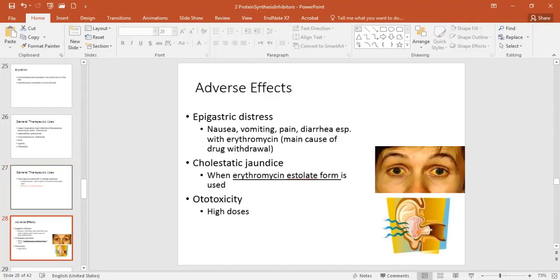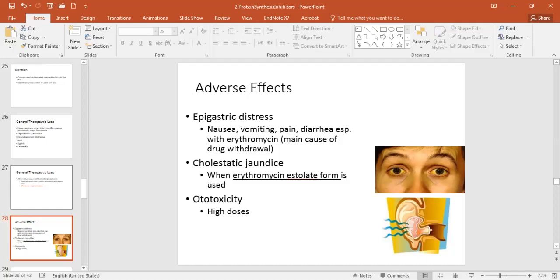What are the adverse effects of macrolides? They cause gastric distress, nausea, vomiting, pain, and diarrhea, especially with erythromycin, the main cause of drug withdrawal. الحقيقة erythromycin it may cause severe diarrhea بحيث بعض الناس ما يتحملها. يعني diarrhea مع erythromycin is horrible.